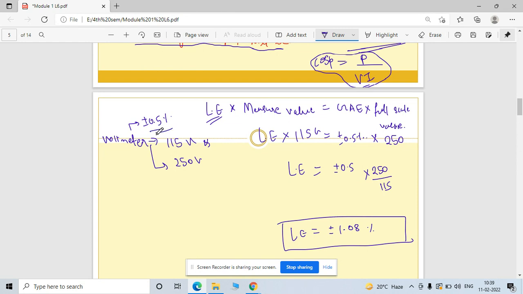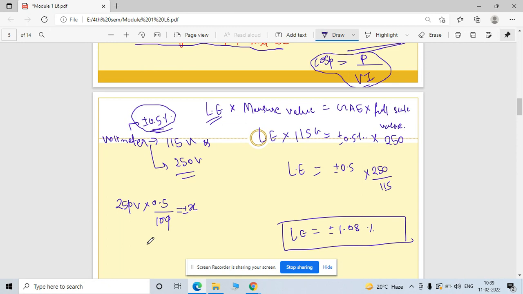Now this 0.5% of this accuracy class is given on your full scale value, meaning 250 volt of your full scale. So let's say this is your x value.